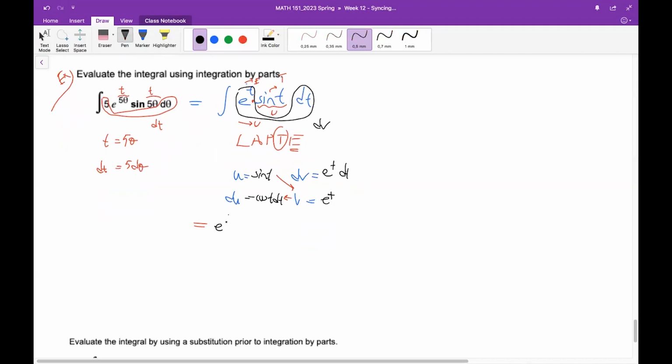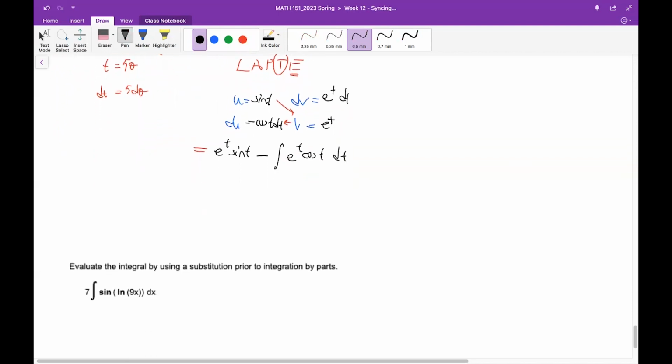So it goes like e to the power t sine t minus the integral of this times this, so e to the power t cosine t dt. Okay. And then what happens? For this integral, we need to apply integration by parts again, because it is a product of two different functions. Again, the trigonometric part will be chosen as U, and the full remaining part will serve as dV.